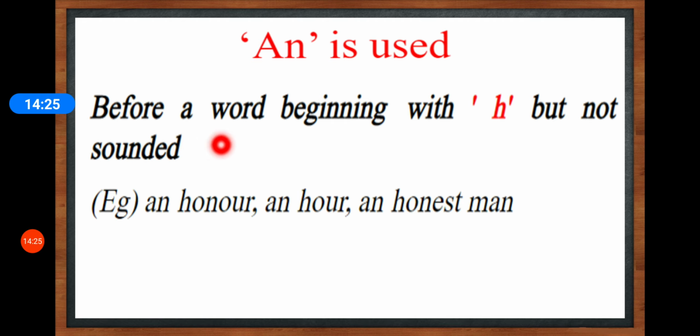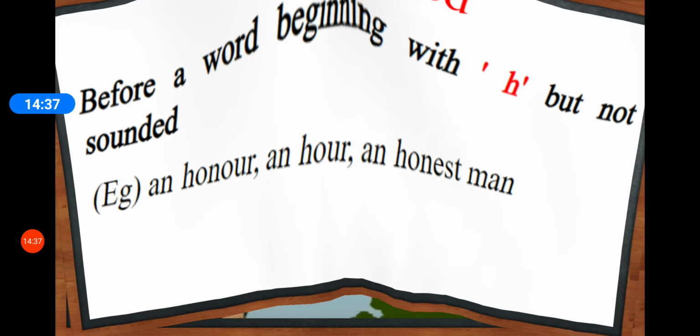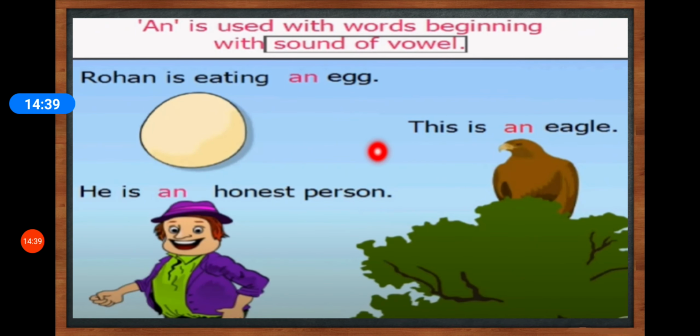Keep this in mind, children. A very important point. A soundless H, where H is there in the spellings but not in the pronunciation. So, examples for you. An is used with words beginning with sound of vowel, like Rohan is eating an egg.